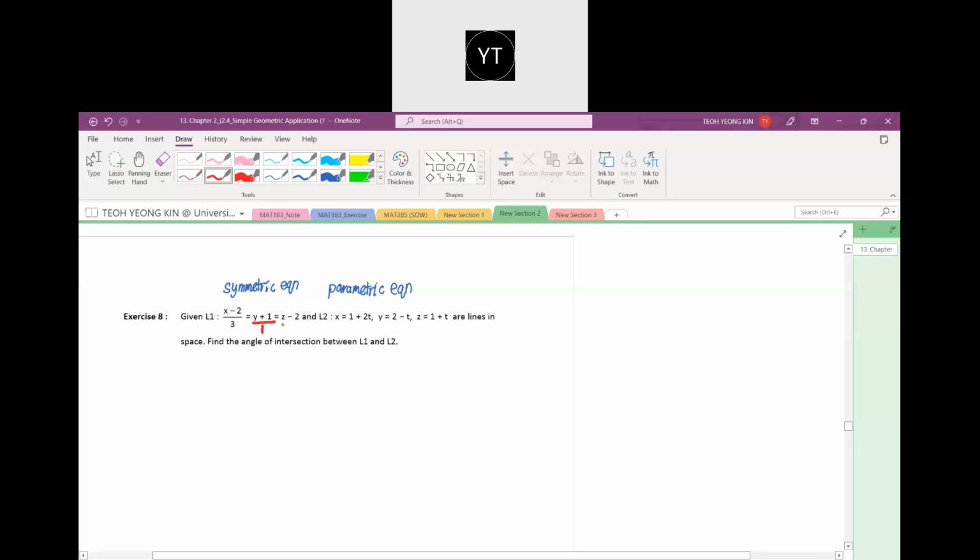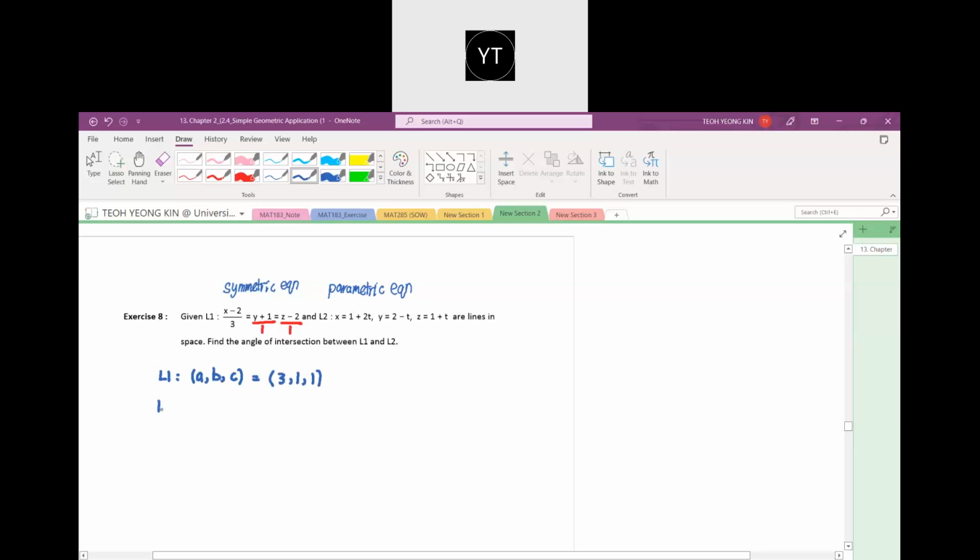Here is z over minus 2 over 1. So for line L1, our A, B and C, the parallel vector, actually is 3, 1 and 1.